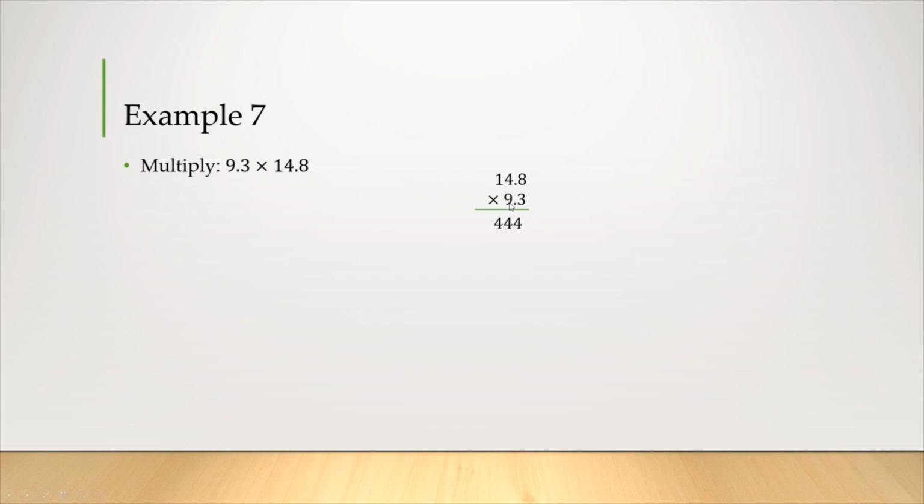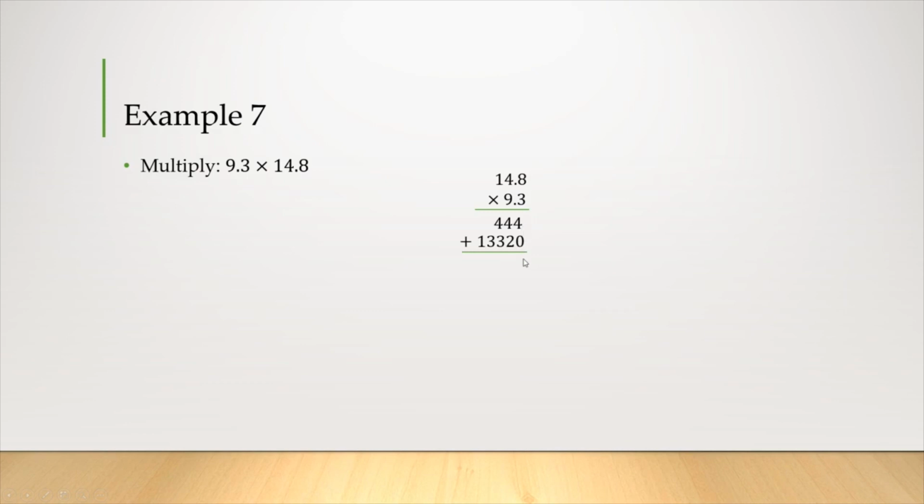Then you do the 9, which is like 90, and do 9 times 148. So put the 0 as a placeholder, and then 1,320. Now, with long multiplication, you would add these two numbers together.